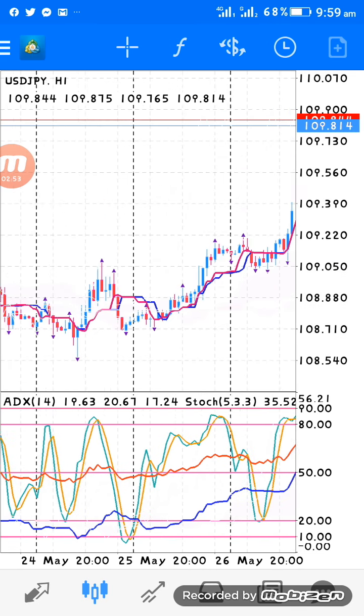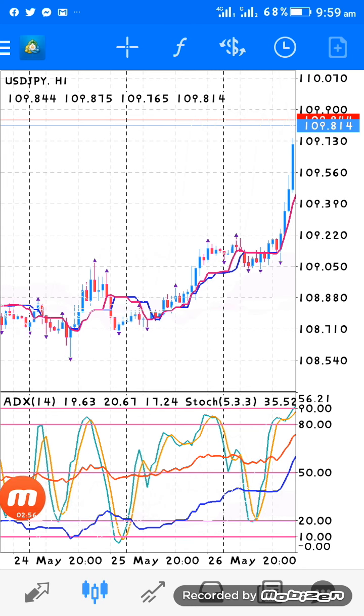Like if we start here now, you see, whenever you see this Ichimoku is down, and then this ADX red line is above the Ichimoku, we should be looking for buy setups. Whenever the Ichimoku blue line is below the red line, you should be looking for a buy setup.